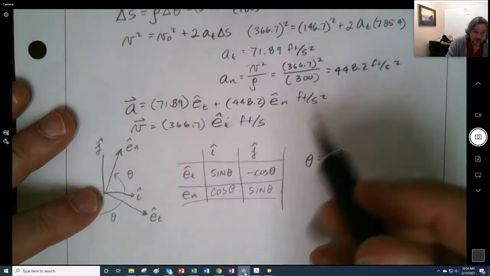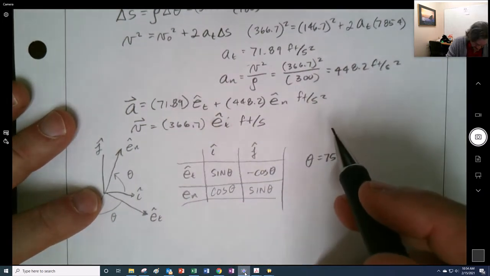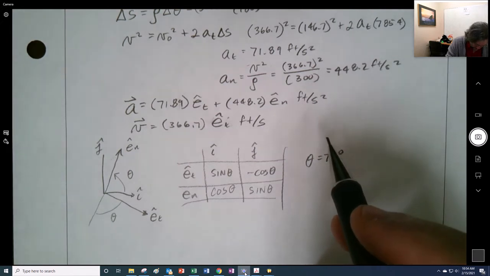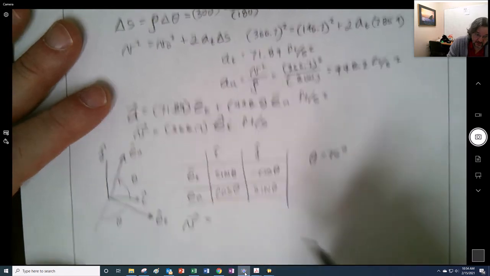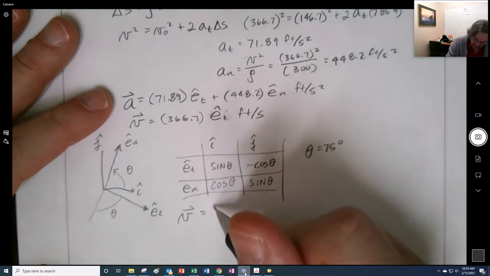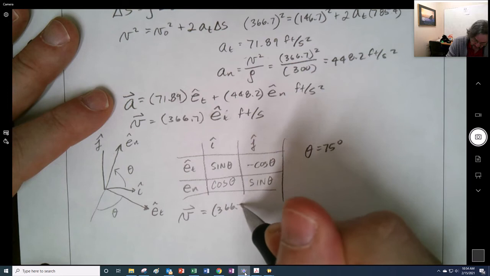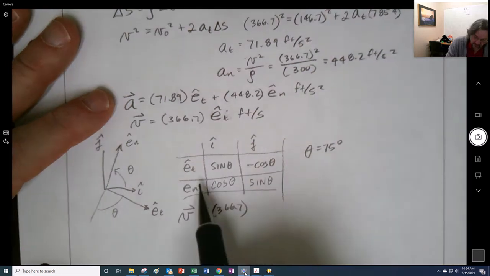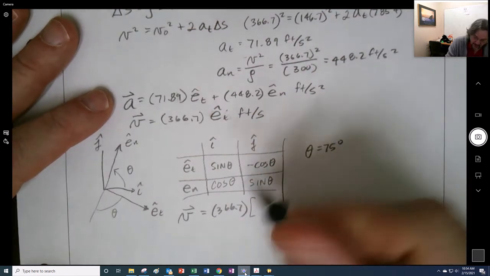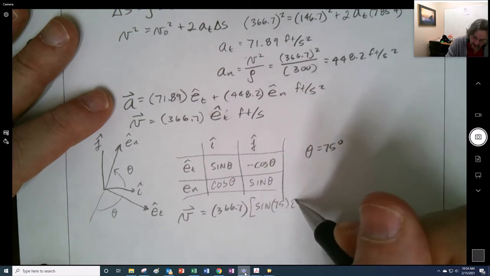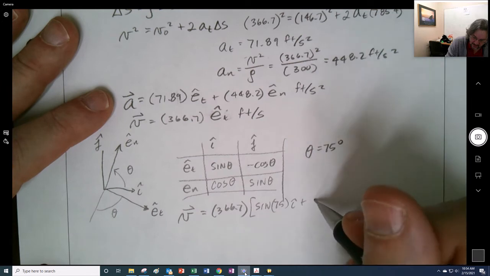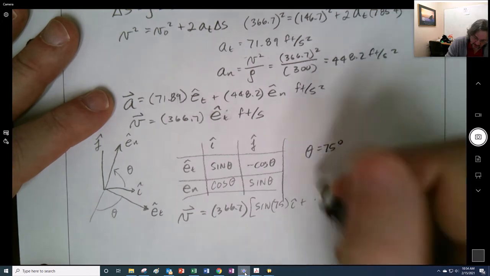So applying it to both the velocity, okay, so first I'll do the velocity. So the velocity, now written out, is going to be 366.7 right here. So that's only in the tangential, so it's going to be multiplied by sine 75 i plus, or I should say minus, really, minus.